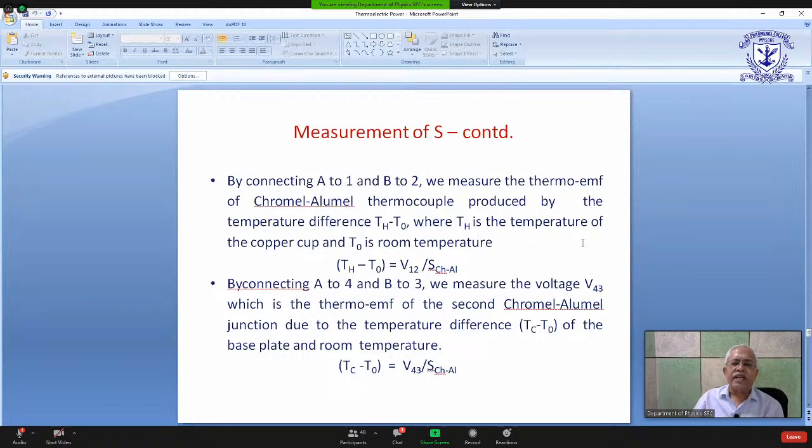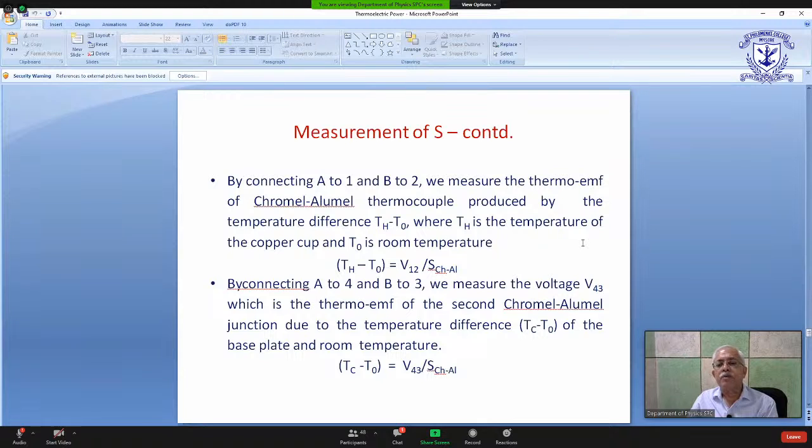Similarly, we can connect the voltmeter to terminals 3 and 4 and measure the voltage between the second junction. Okay, the second junction is also chromel alumel, but here the temperatures are different. You see, you have the copper block which is cooler than the hot end, but there is a steady heat transfer from the hot side to the cooler side, and therefore the temperature of the copper block, which is on the cooler side, is Tc.